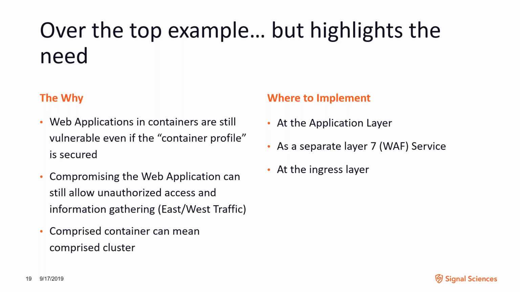Some people put things at the application layer and the ingress layer because this gives you visibility to potential scanning attacks coming in externally to the ingress controller before they ever make it to the application. That's going to give you your north-south visibility, but then also having it at the application layer gives you visibility into the east-west, to see if there's anomalous behavior, to see if there are attacks going on within your actual environment.